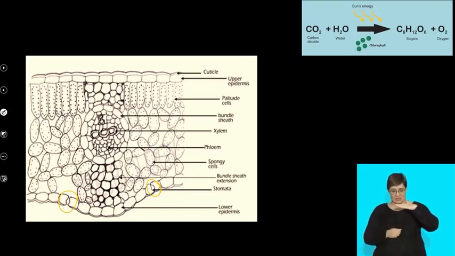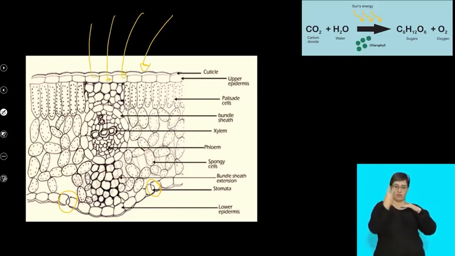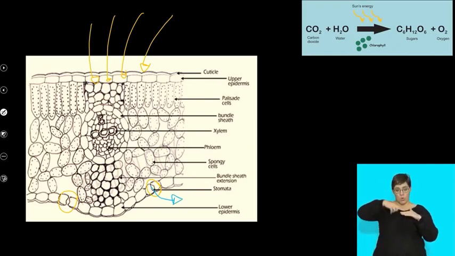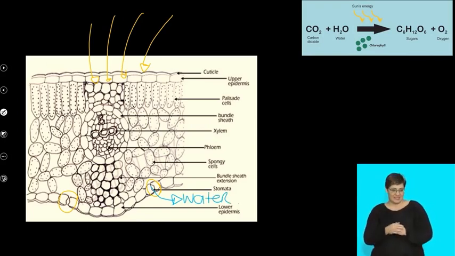The reason being, what do we want the sunlight for? We want the sunlight for photosynthesis, so we put the stomata at the bottom. Transpiration is when we lose water, and that's an important part of the process, but I want you to keep this in mind.